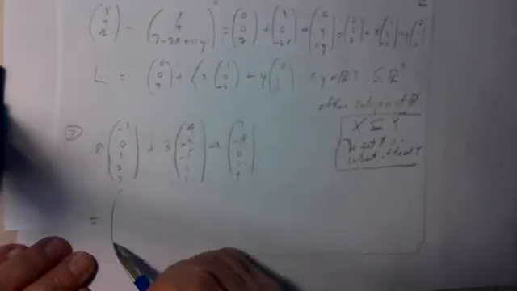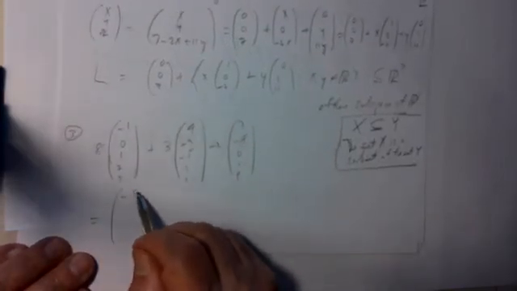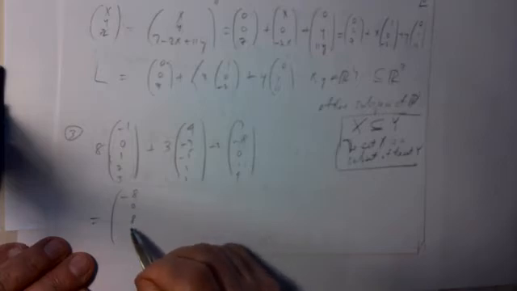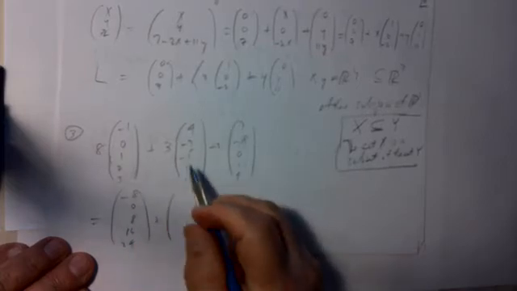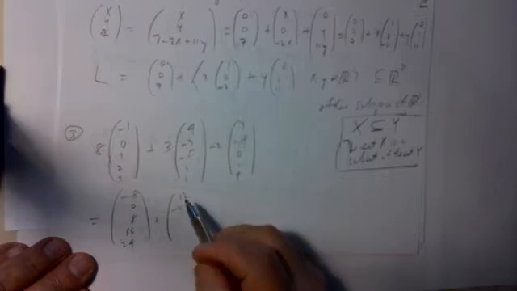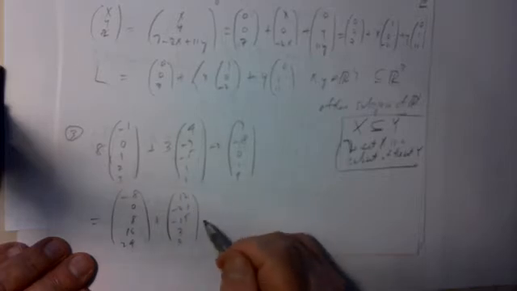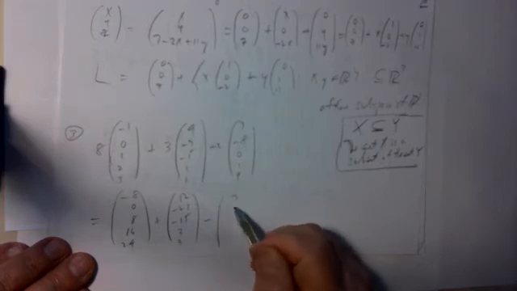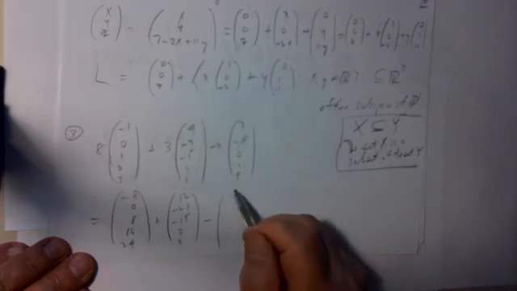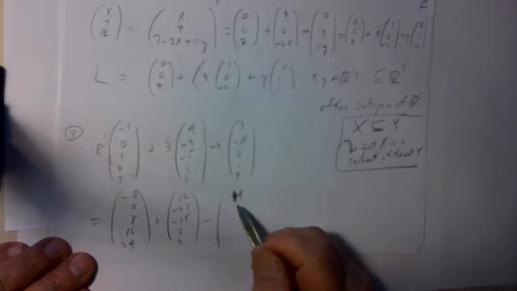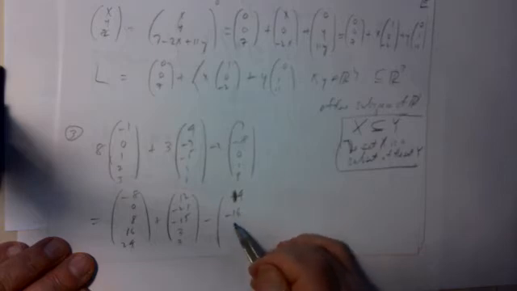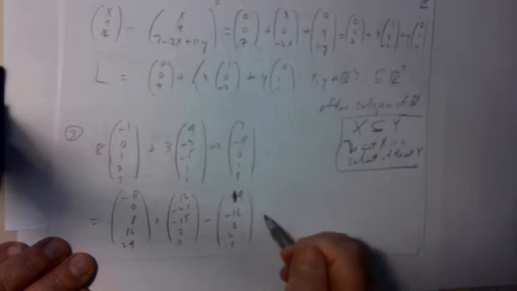So 8 times this vector is (minus 8, 0, 8, 16, 24). This vector is (12, minus 21, minus 15, 3, 3). This vector is (14, minus 16, 0, 2, 18).